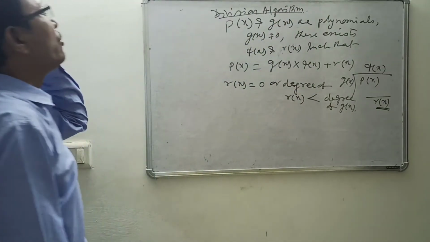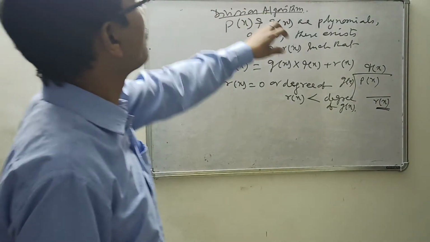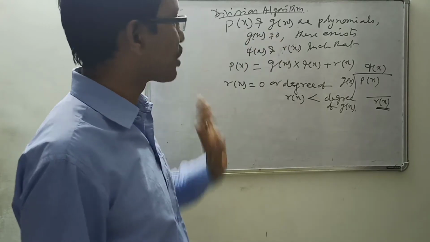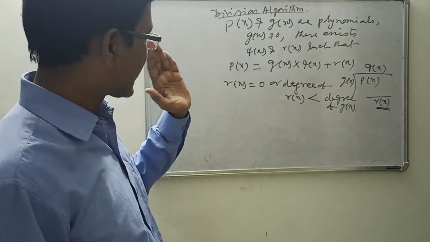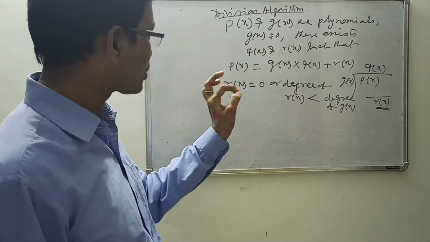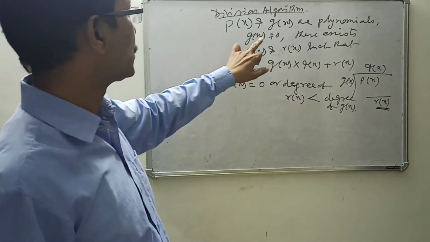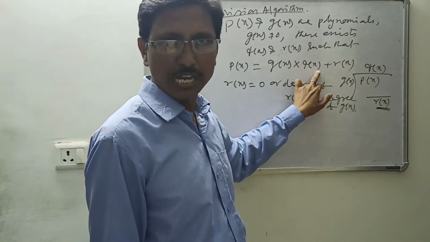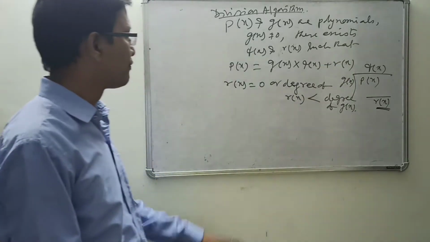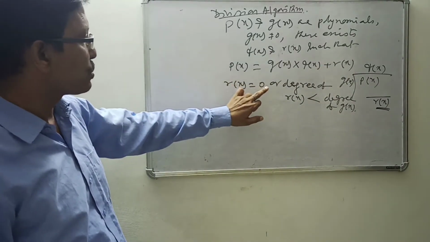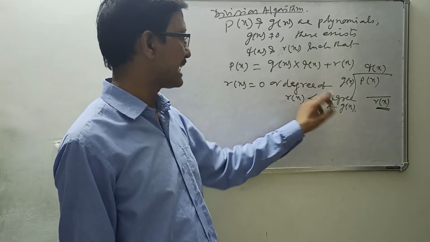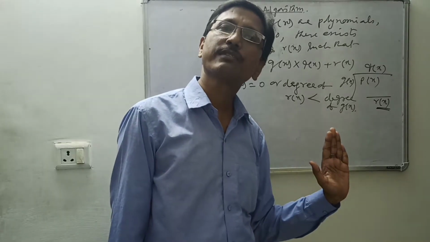So we have a polynomial P(x) and another polynomial G(x), with the condition that G(x) is not equal to 0. Then there exist two other polynomials Q(x) and R(x) such that P(x) equals G(x) into Q(x) plus R(x), where R(x) must be equal to 0 or the degree of R(x) is less than the degree of G(x).